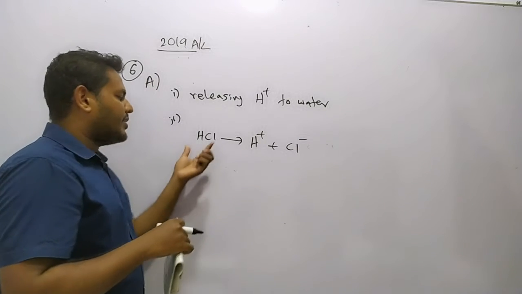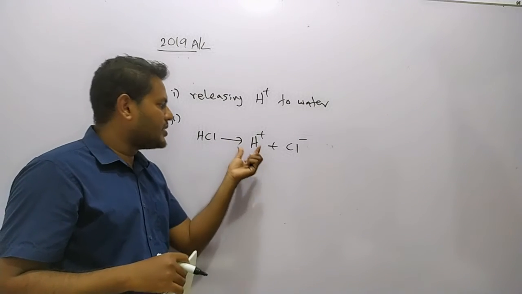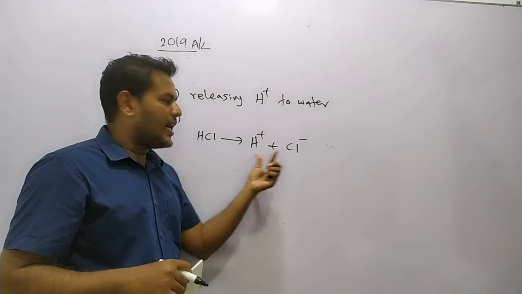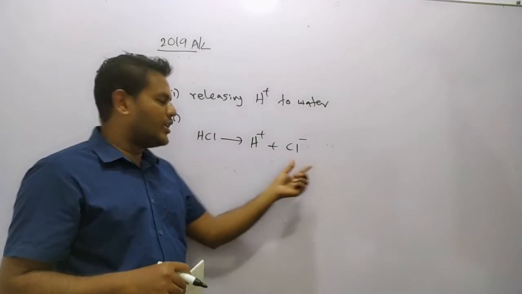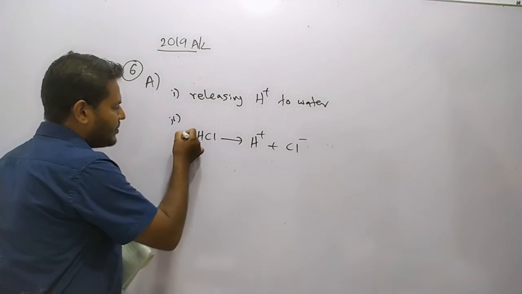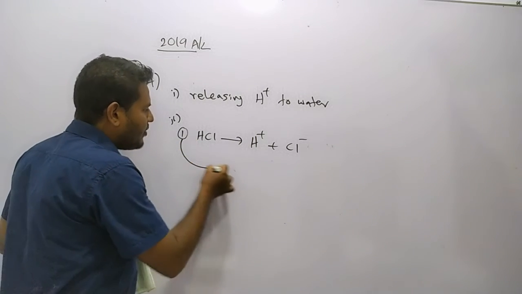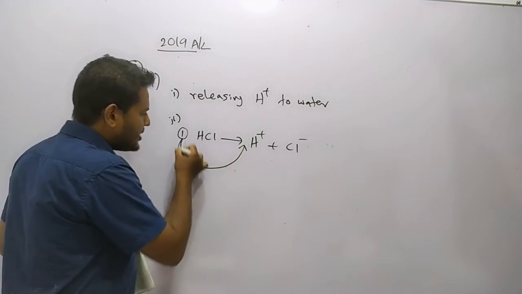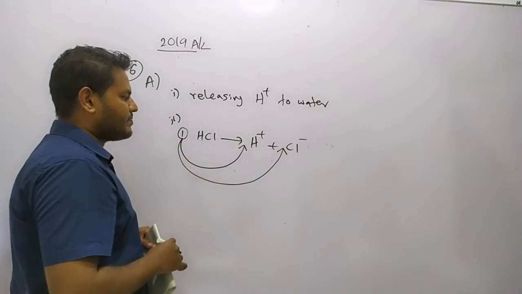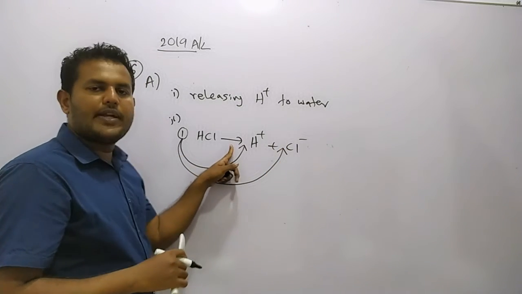That means if you have 100 molecules of HCl, it forms 100 ions of H+ and 100 ions of Cl-. It depends on the stoichiometric number. Here 1 mole of HCl produces 1 mole of H+ and 1 mole of Cl-. This is complete dissociation.